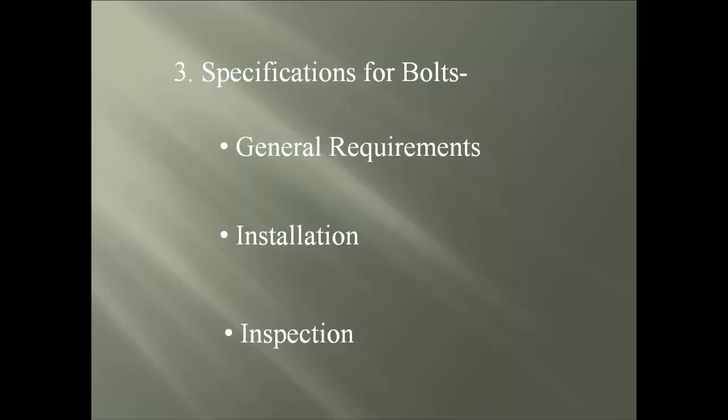Next is the pre-tension, which requires observation when turn of the nut, calibrated wrench, twist-off type tension control bolt, or direct tension indicator methods are used. And a quick tip is, the faying surface of a slip critical joint must be visually verified that there is no scale, coating, or dirt prior to assembly.